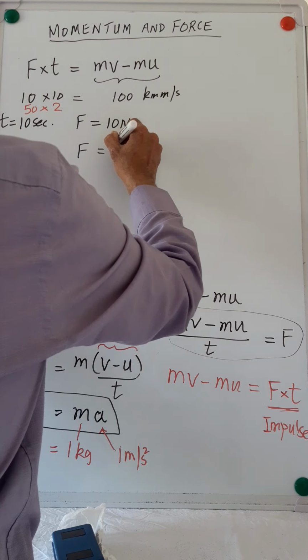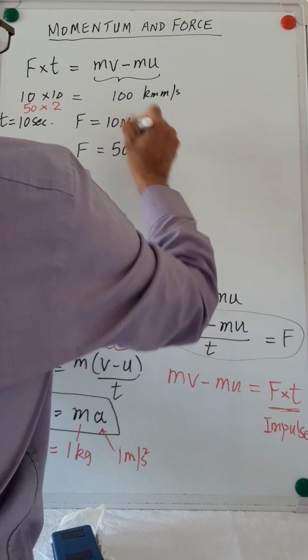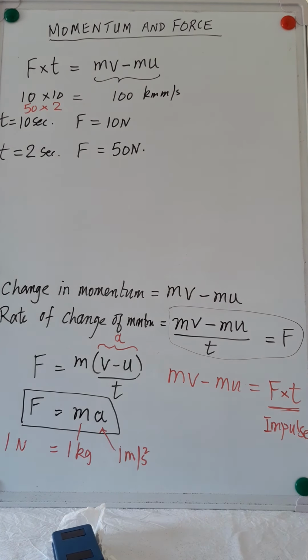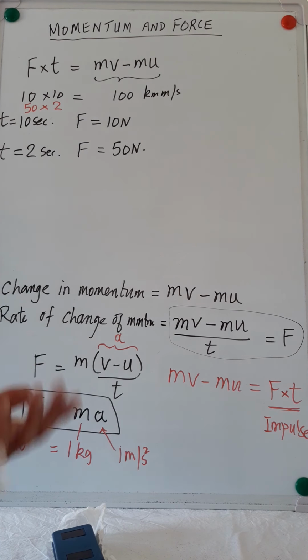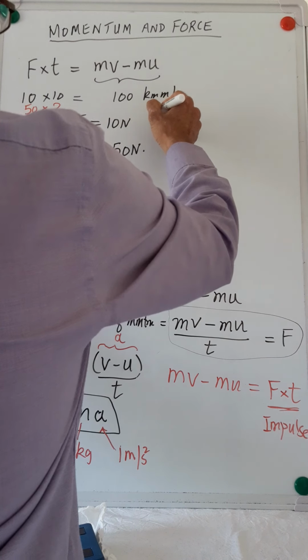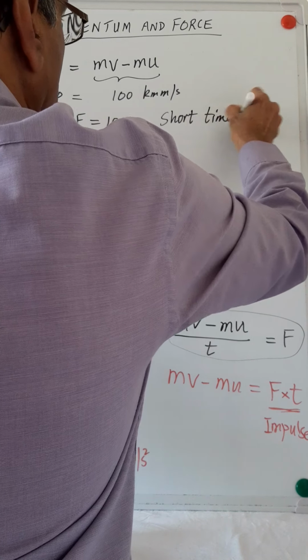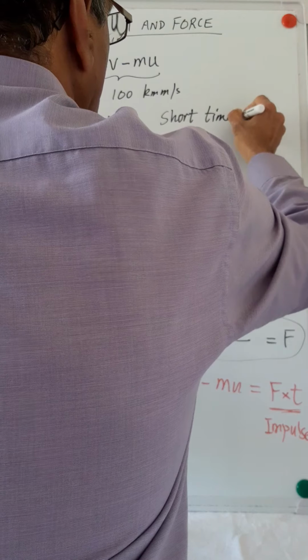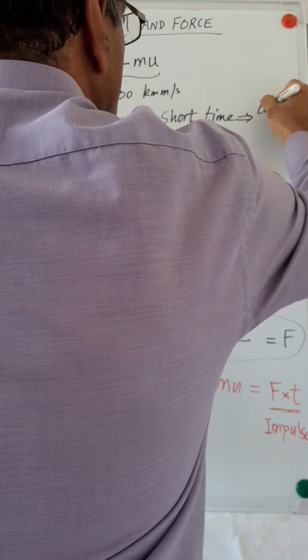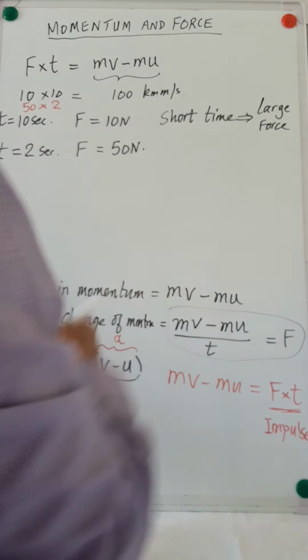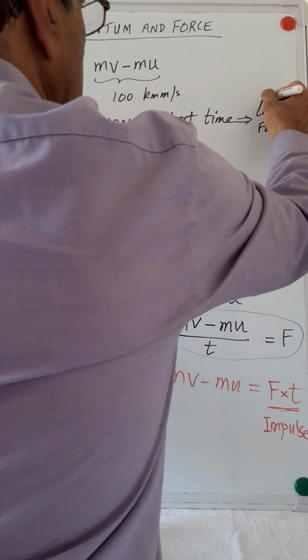So you can see a short time of collision means a very large force. A long time of collision means a smaller force.